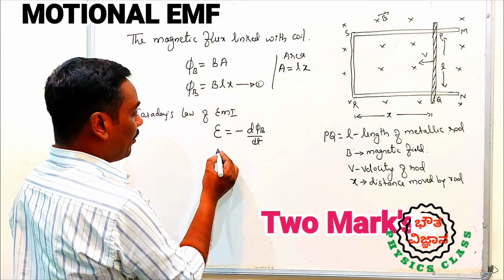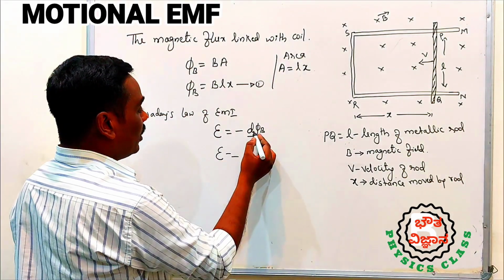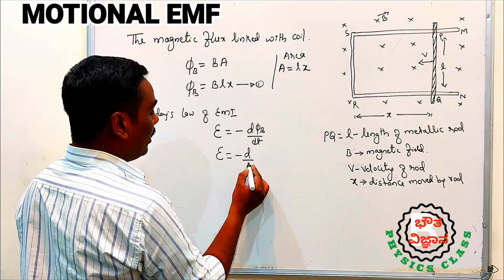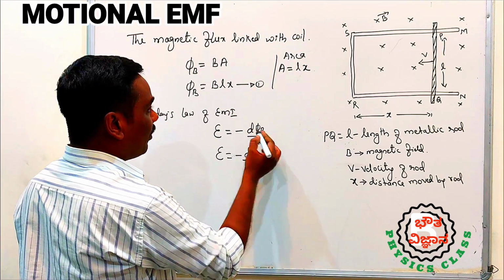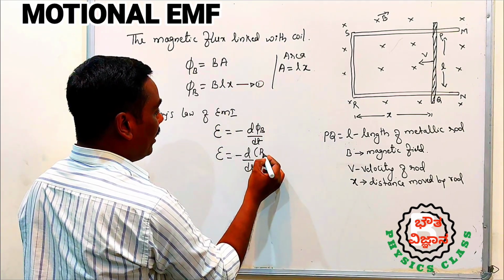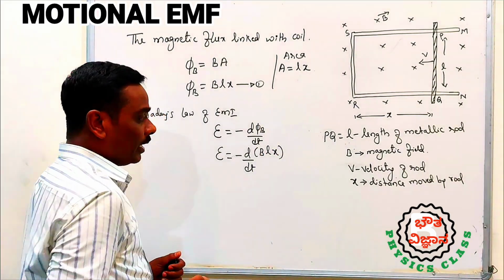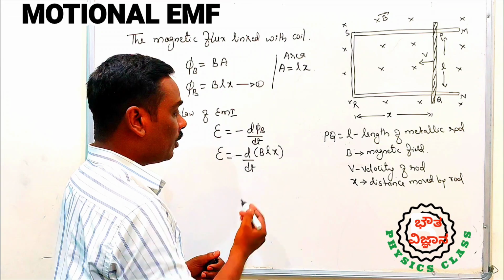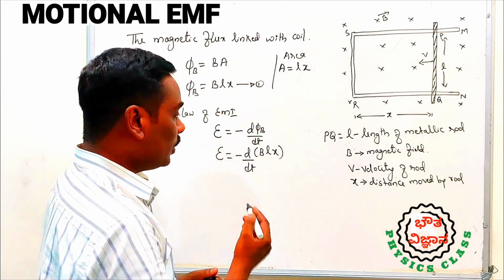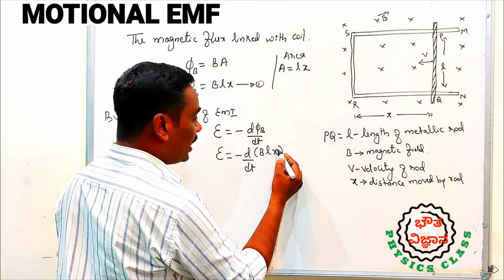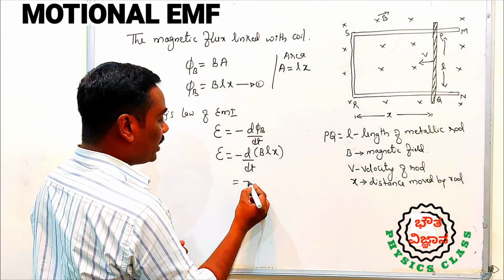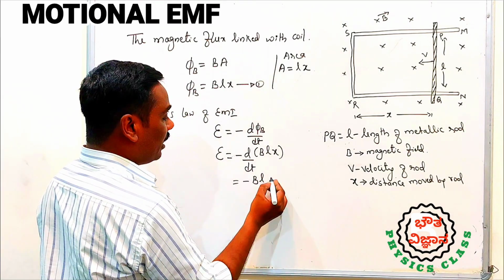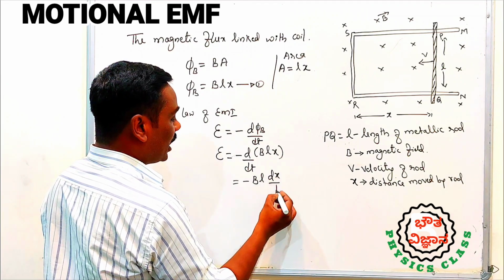So the induced EMF E is equal to minus the derivative of the magnetic flux. What is the flux? It is B L X. In this case the magnetic field is constant, L is also constant, and only X is changing. So we differentiate only X. Taking the constants outside, it is minus B L, and the derivative of X with respect to time.